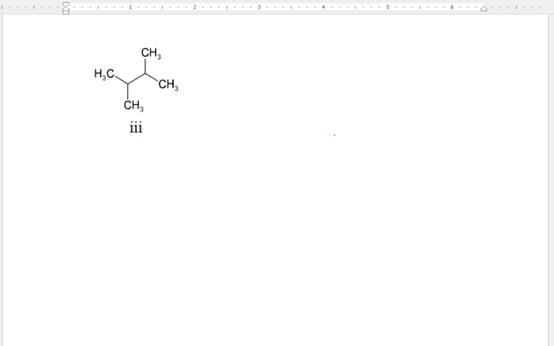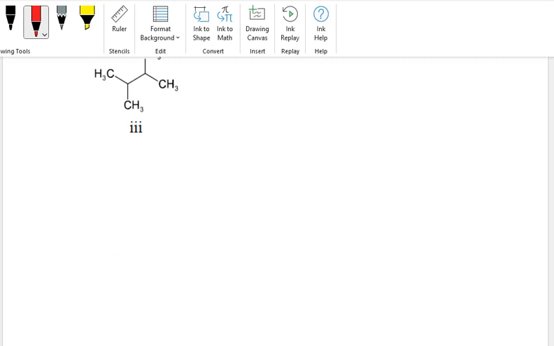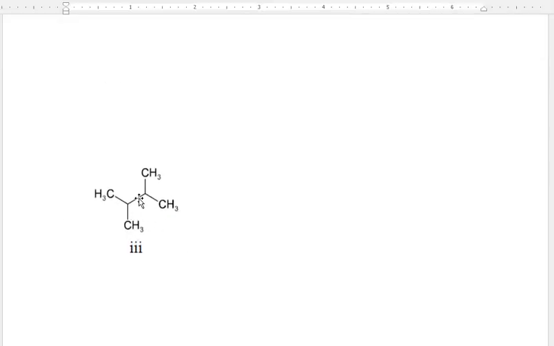Since either way we go, we are going to have 4 carbons, if we choose to go up or choose to go straight, we are still going to have 4 carbons. So I will choose to go straight. Let me go ahead and number my carbons.